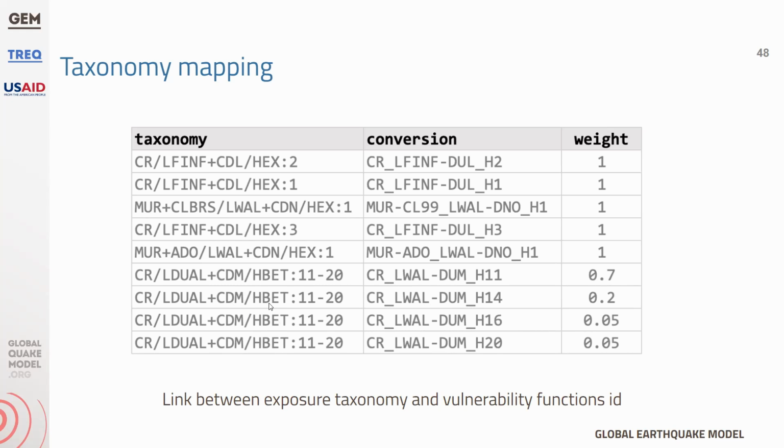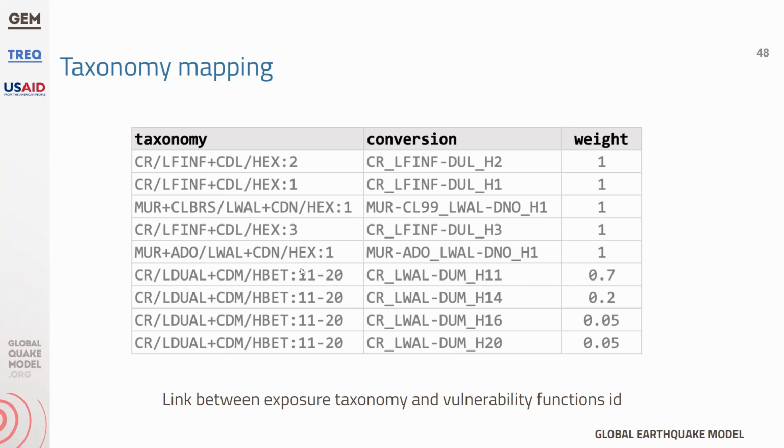So for example, here the modeler says, okay, I group all my buildings from 11 to 20 stories, and I am giving 70% of the weight to the curve that I found in the literature for 11 stories. 70% for 11 stories, 20% for 14 stories, and 5 and 5 for 16 and 20. These weights might be reflecting my confidence in these curves. They might also represent my knowledge about this building class.